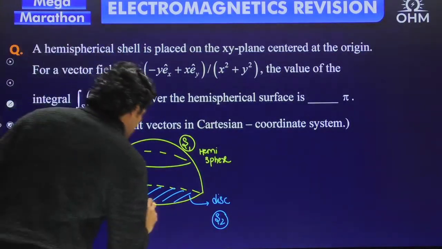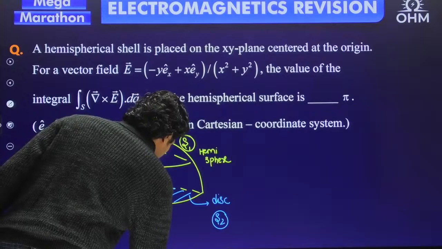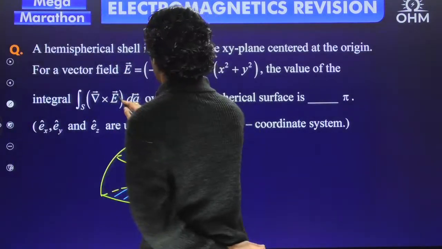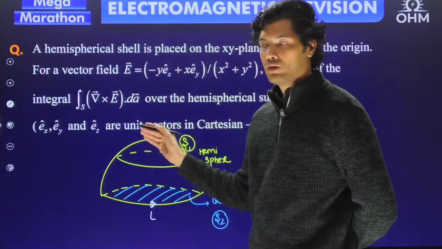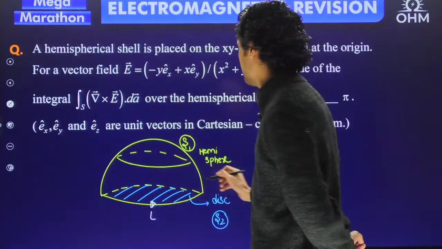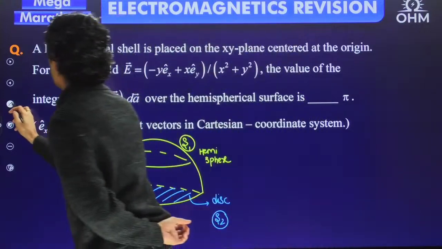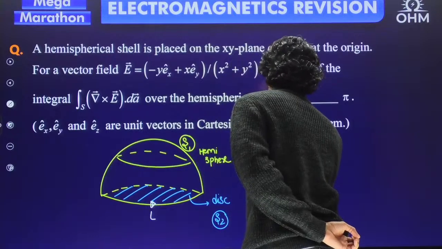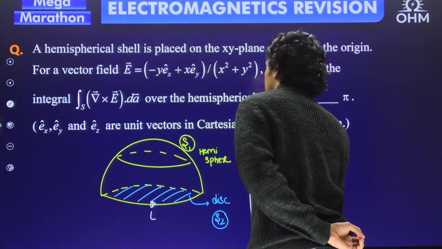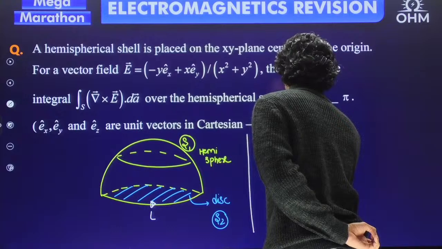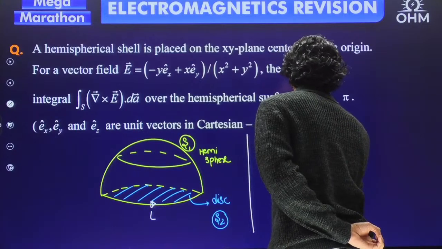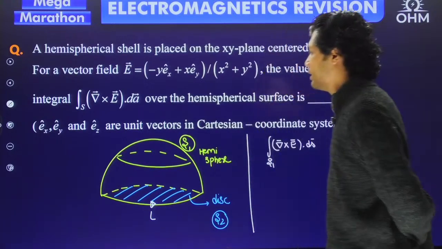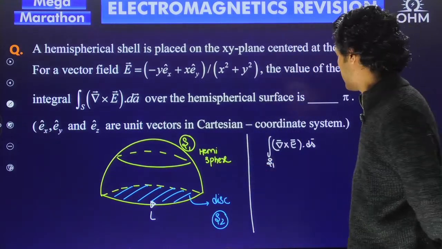If required, you can also take this closed path. Let me call this closed path L. So this expression is the right half of the Stokes theorem, right? What the examiner asked you is the integration of del cross E bar vector field dot ds bar over the surface, and that surface is the hemispherical surface, hence I'm calling it S1.